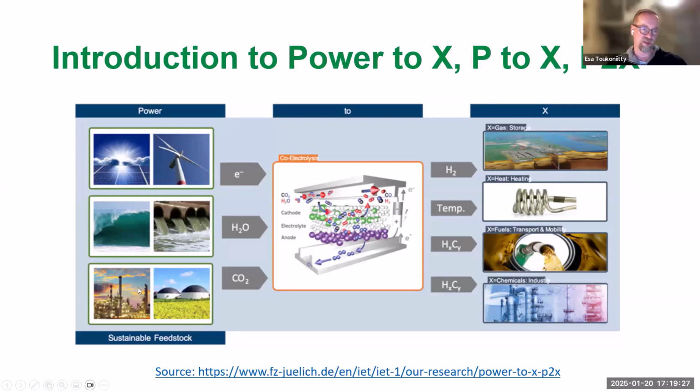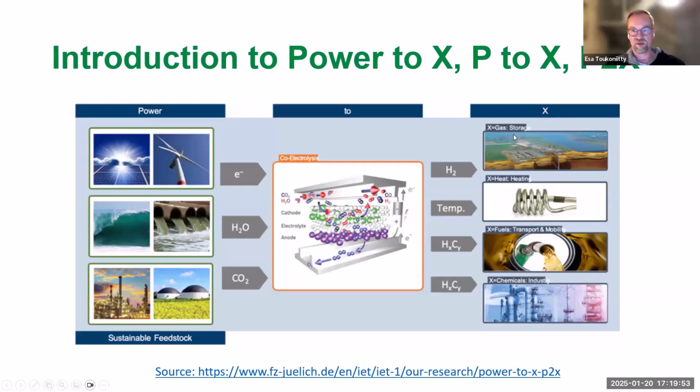You can get it from several different sources, and there are a few slides later on about these carbon dioxide sources. So basically, here are some of the products you can obtain from this type of approach.